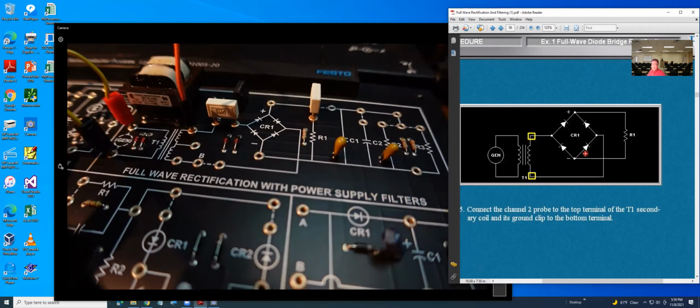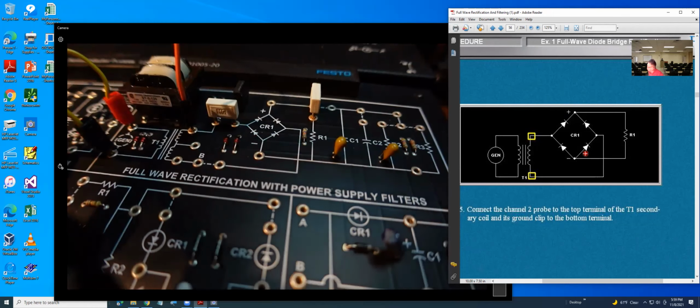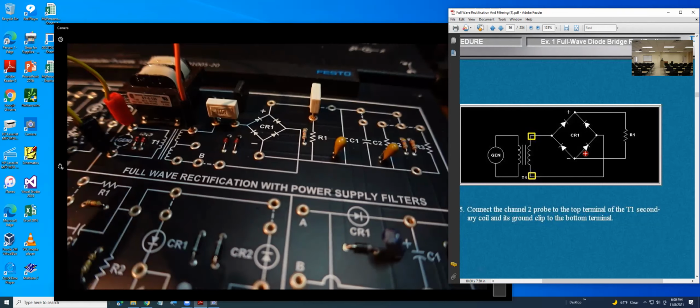The low side will be the root. Now they say connect oscilloscope channel 1 to the output of the generator. So channel 1 will be connected to the output of the generator right here, and the root has to be tied to the root of the generator. So let me get a long wire.